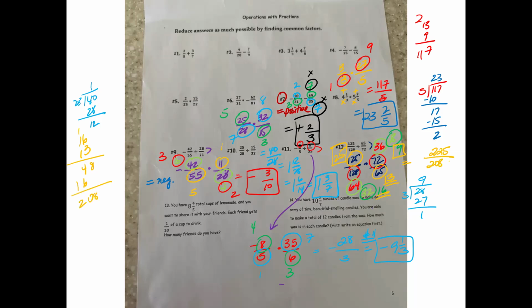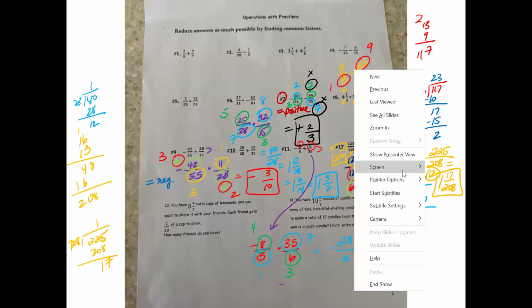Right? This is an improper fraction, so you're going to divide it once, which then gives you a 17. So your answer is 1 and 17 over 208. And that's your answer for number 12. Do you see that? Okay.